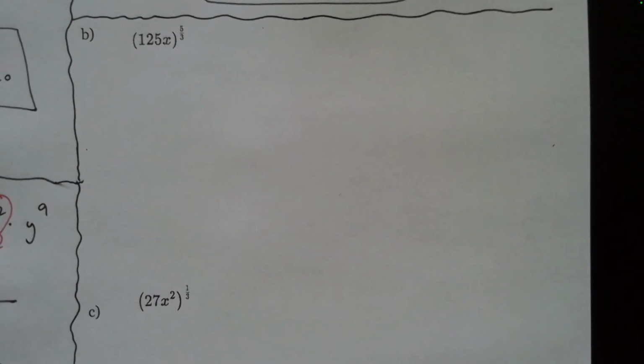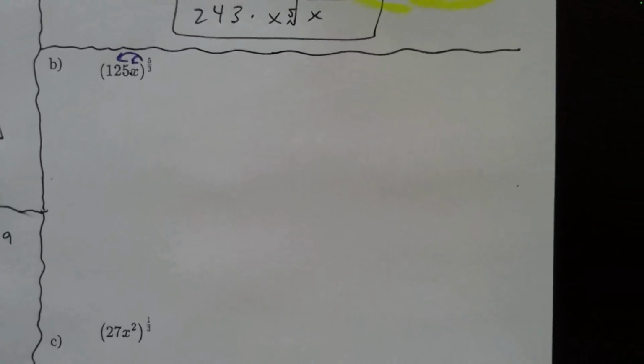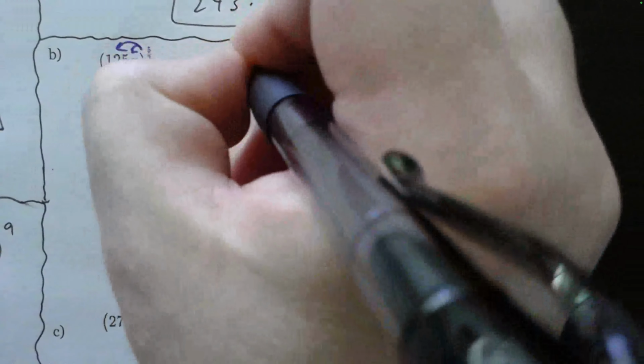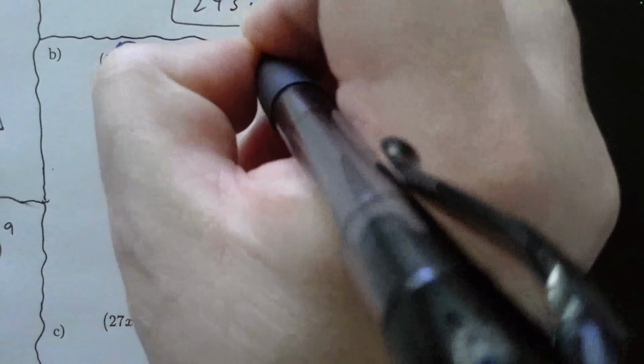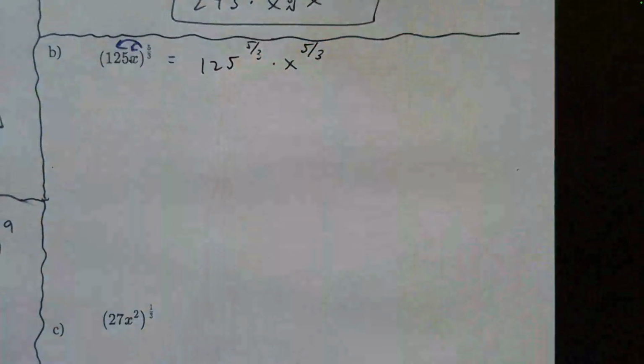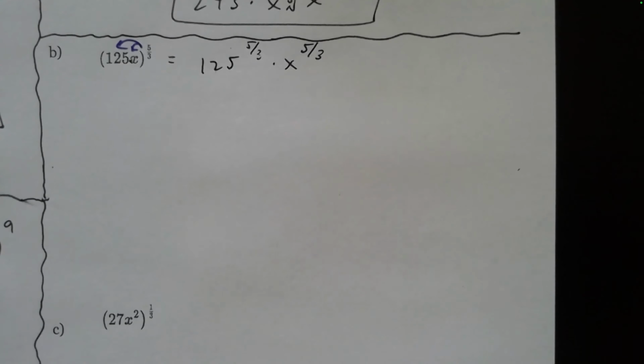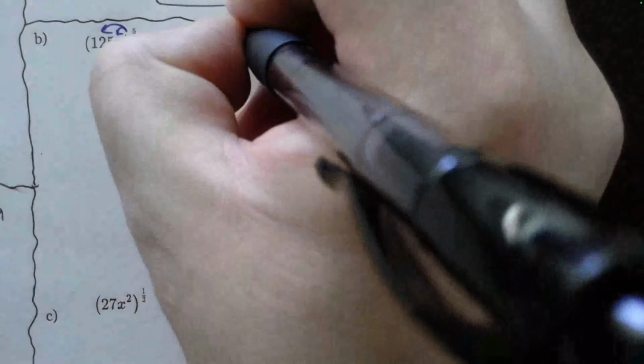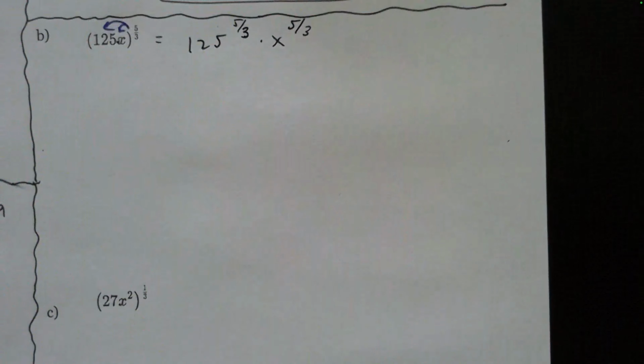Now I got to distribute the powers. I got 2 things, so I got to distribute. So 125 has got a 5/3 power. x has a 5/3 power. No more parentheses.